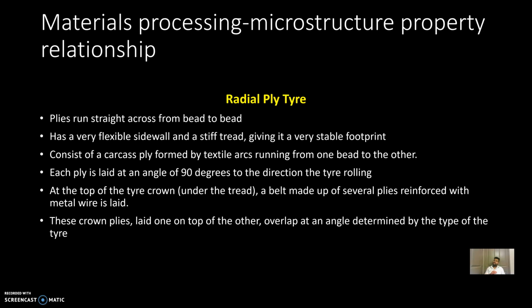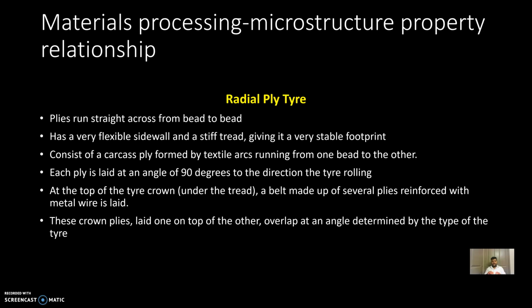Each ply is laid at an angle of 90 degrees to the direction of tire rolling. At the top of the tire crown, under the tread, a belt is made up of several plies reinforced with metal wire.